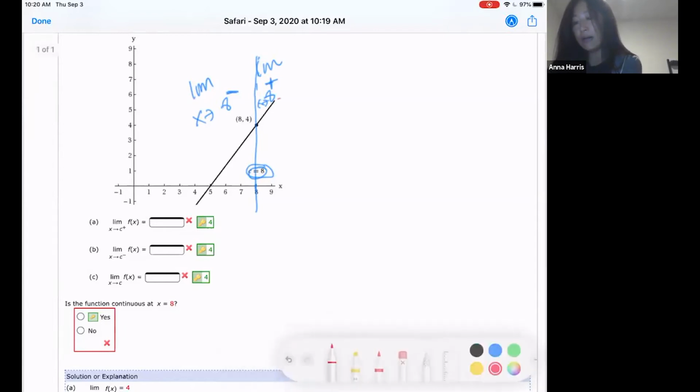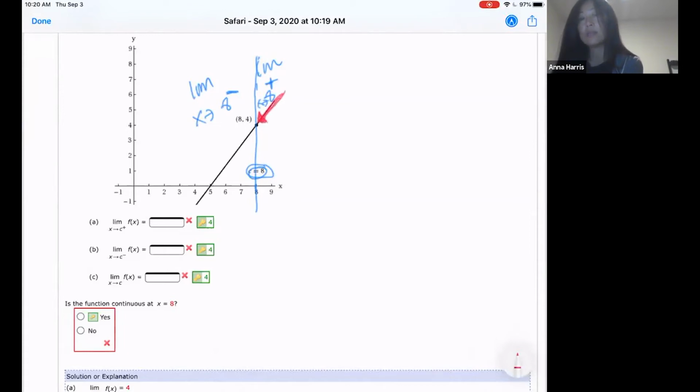This is my right. What number does it approach? Somebody tell me, where does this y value approach as x goes to 8? 4, that's right, because I see right there my y value is 4.